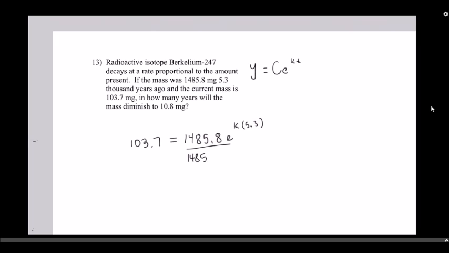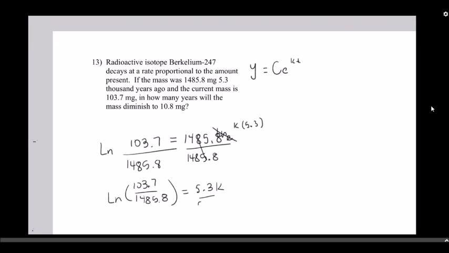So, just doing some algebra here. And then, if we take a natural log on both sides, natural log is going to cancel e. So we've got natural log 103.7 over 1,485.8 equals k times 5.3.